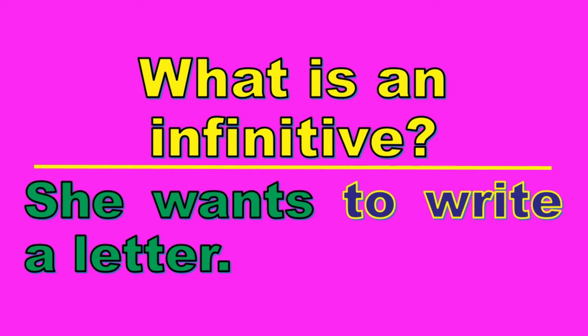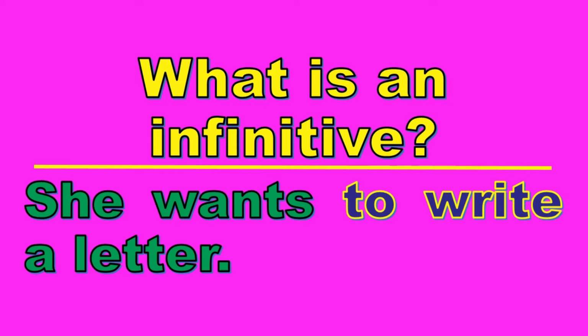My dear students, in the beginning we have to understand what an infinitive is. Now here we have a sentence: She wants to write a letter. In this sentence we have two verbs. One is wants and the other is write.